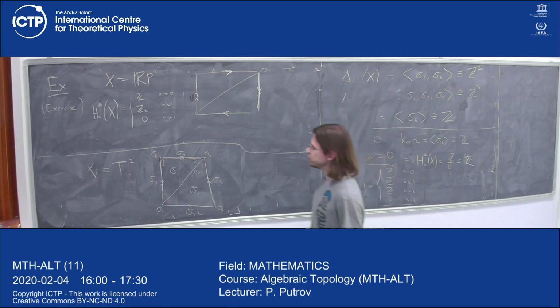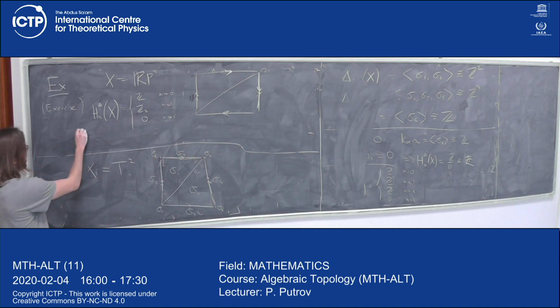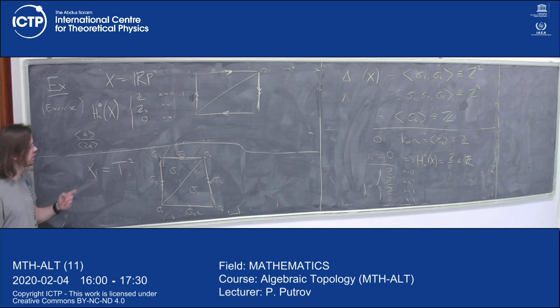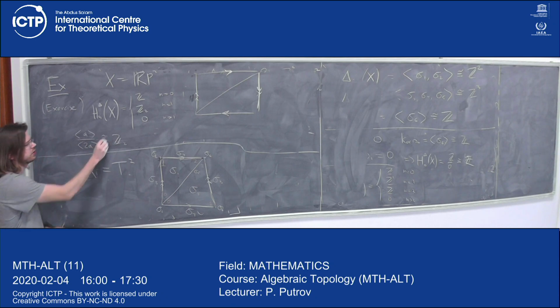At some point you get something like, how do you get this Z2? It's some sort of quotient of a free group with some generator a, by the subgroup which is generated by twice the generator. So you can produce Z2.